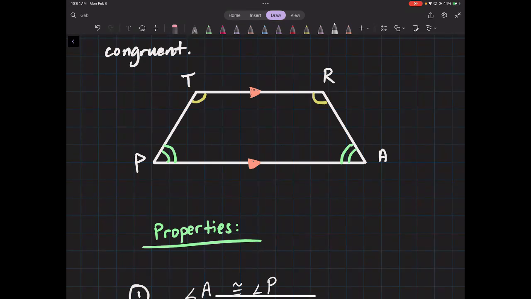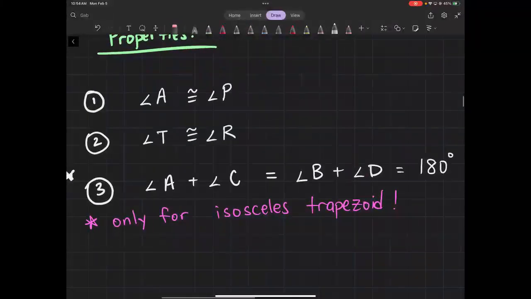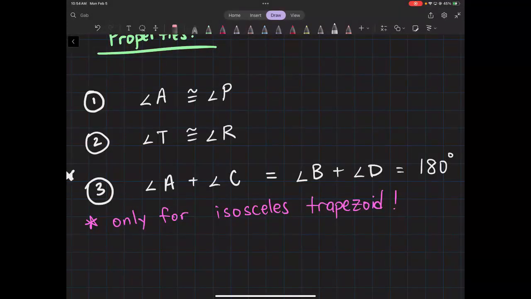And then there is a special property that goes way back to when we talked about parallel lines. It is this third part right here. I'm writing angle A plus angle C is equal to angle B plus angle D is equal to 180.